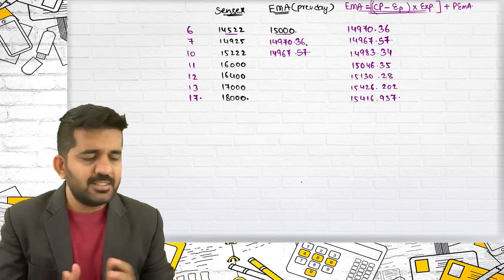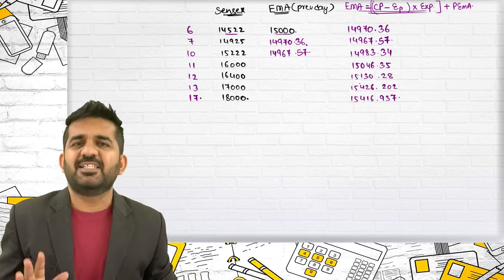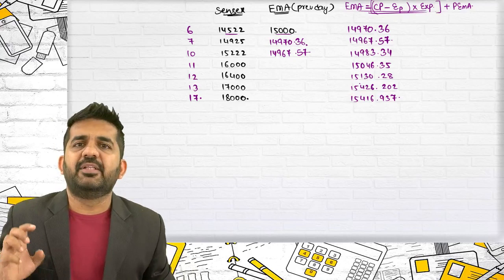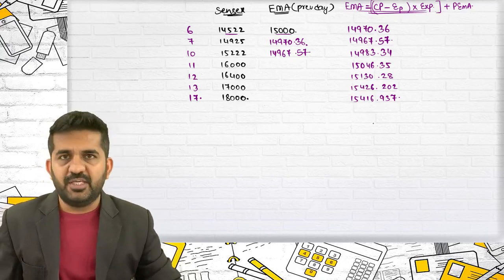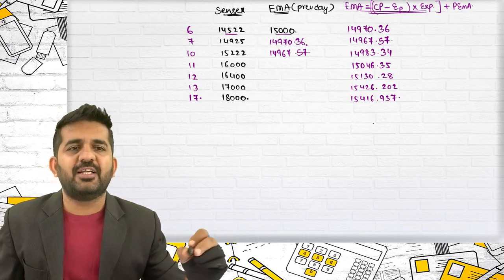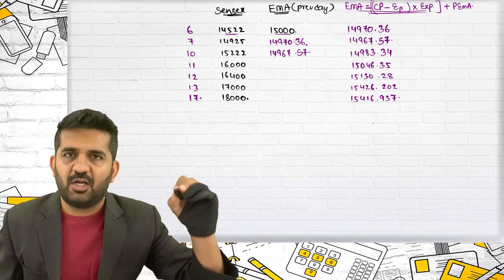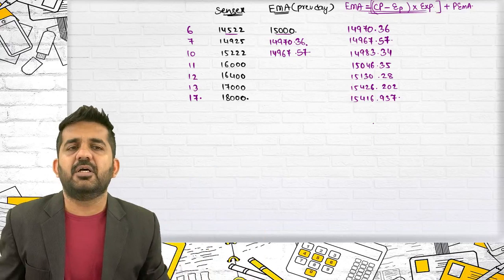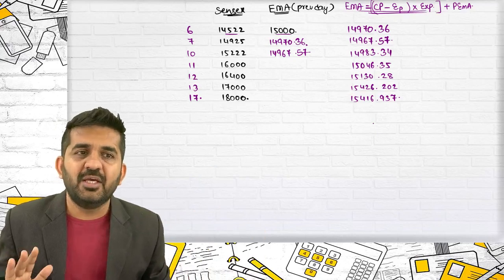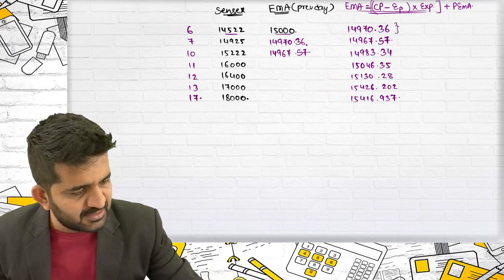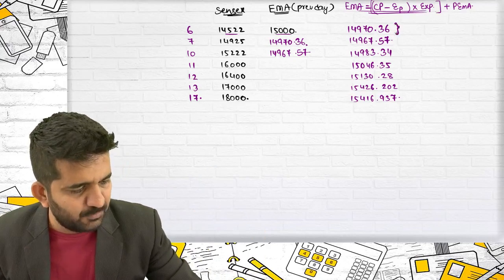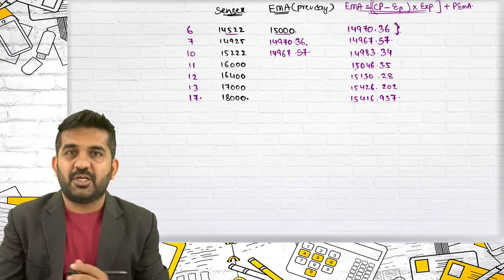These are the answers. Now, please understand, EMA will then be plotted on a line for this particular number of days. That plotted line graph is nothing but exponential moving average. Sir, what is this? Believe me, this is the last 30 days moving average. Is it a simple average?